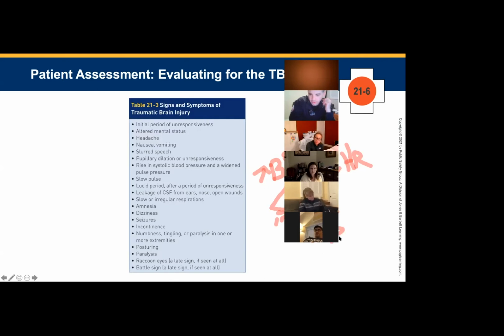Does anybody know what these three things combined equal? Is it Cushing's? Cushing's triad, absolutely. Here, we'll write this on the screen.